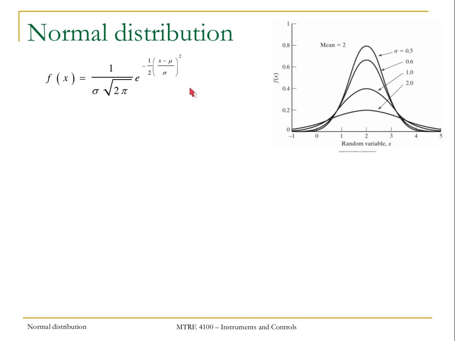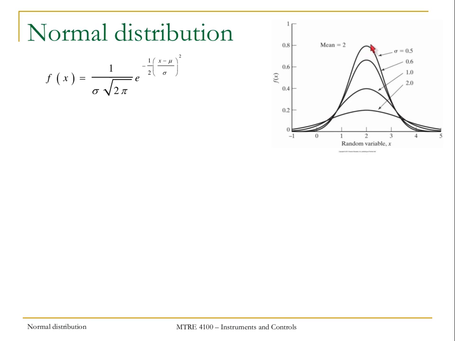There are two parameters that dictate the shape of this distribution. First is the mean, mu, and that locates the central tendency. And the second parameter is the standard deviation sigma, which governs how flat this curve is, the dispersion. This plot shows the normal distribution for 4 different values of sigma with a mean of 2. You can see that for the smallest value of sigma, we have the sharpest peak.